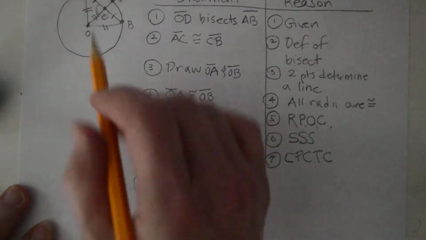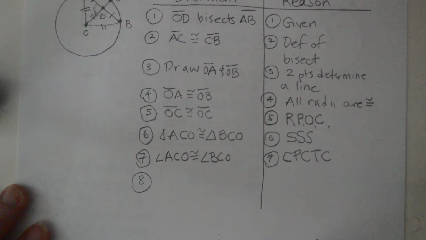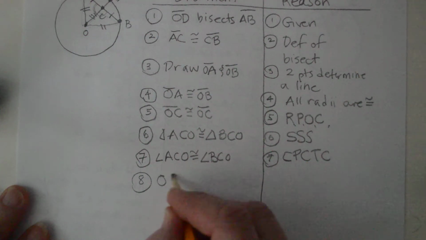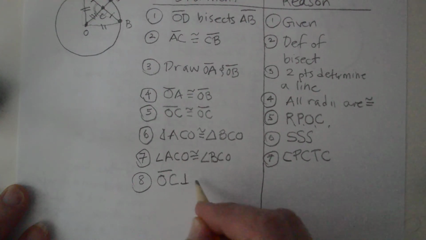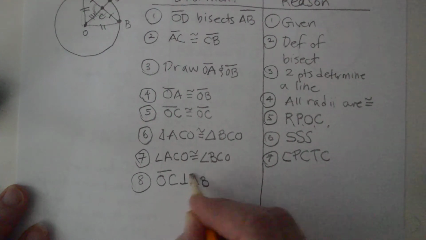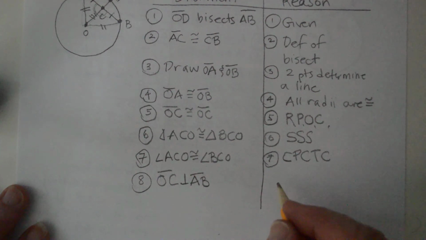Now that we know that those 2 angles are congruent, this is where we want to say that they are right angles and then perpendicular. There are 2 different ways that we could do this. One is a long way and one is a short way. He chooses the short way, but again, remember we've had that conversation about my really fancy potato peeler that I don't use that often. You forget that it's in the back of the drawer and you don't use it. If you remember that it's there, it's going to make the proof a lot faster. So this is one that we really do not use that often.